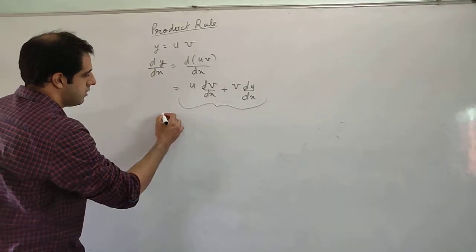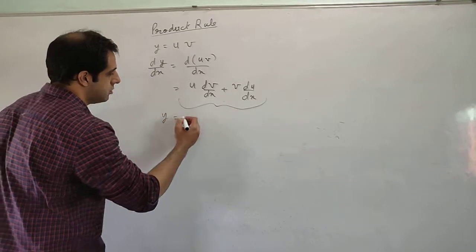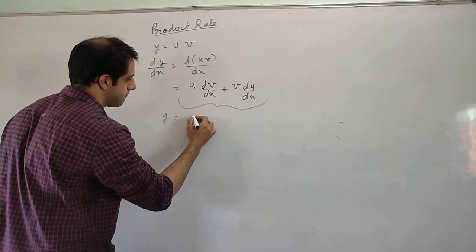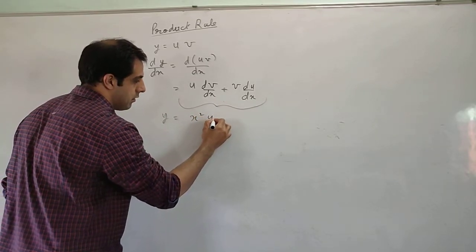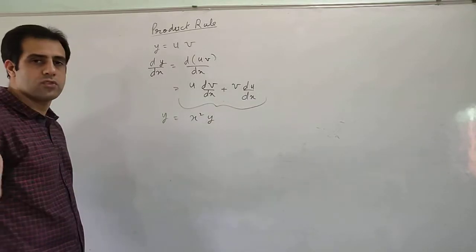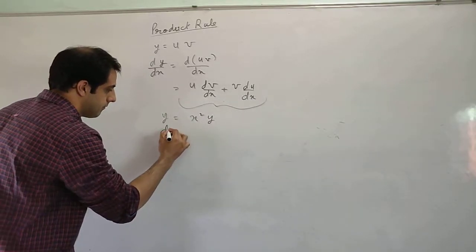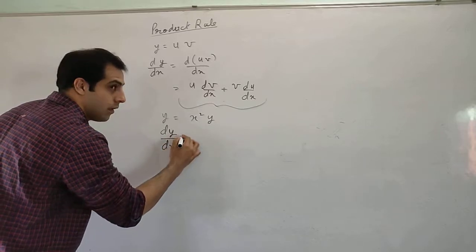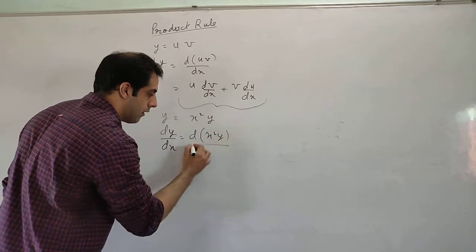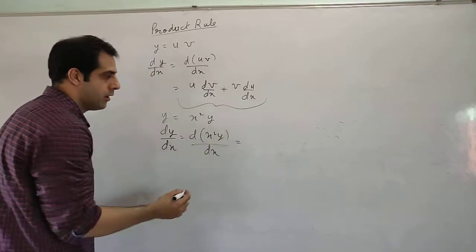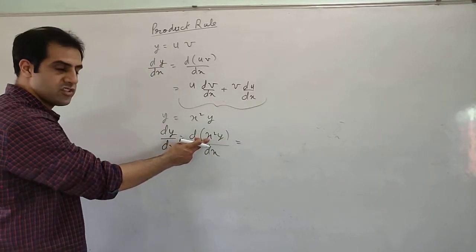Let us do an example. Y equals to x square y. Y equals to x square y. dy by dx. Okay, what will I do? First I will take this one.